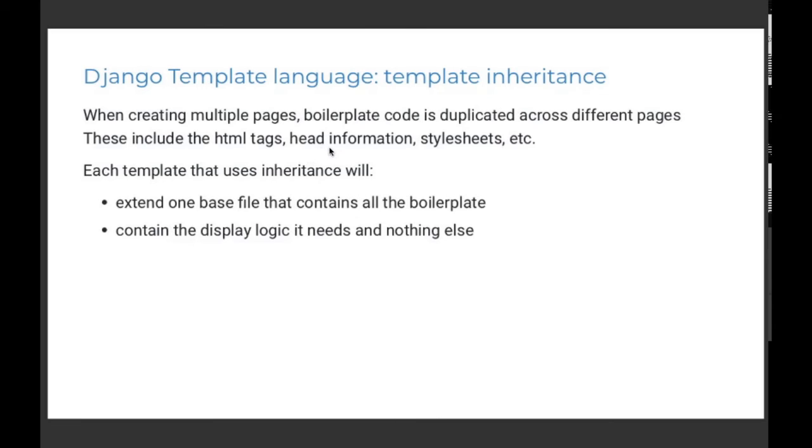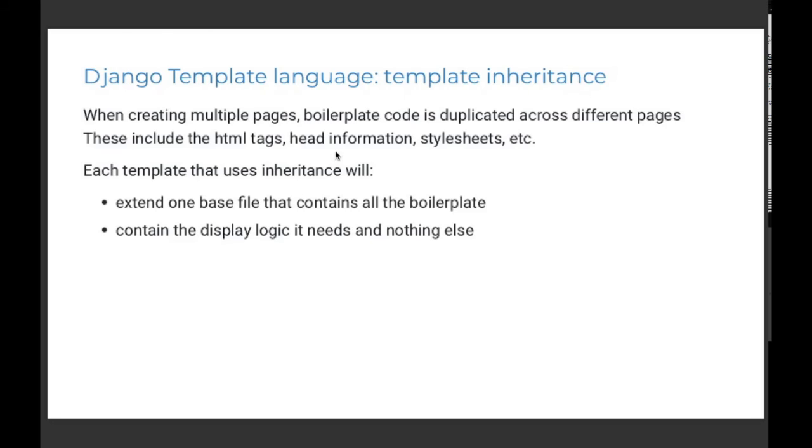And then there's this concept of template inheritance. When creating multiple pages, boilerplate code is going to be duplicated across your different pages. So if it's your HTML, all the information in your head, all the style sheets, etc., if it is going to be reused, you're going to have to copy paste that all the time.